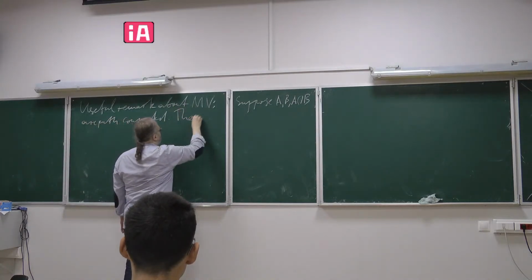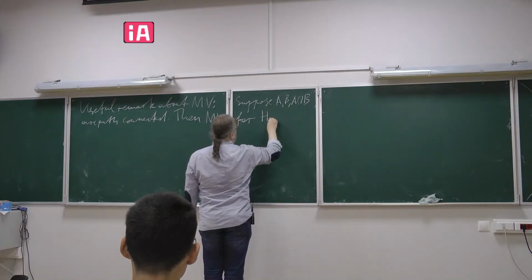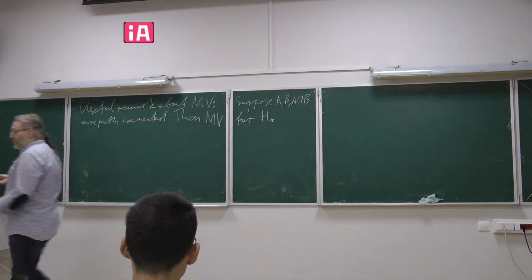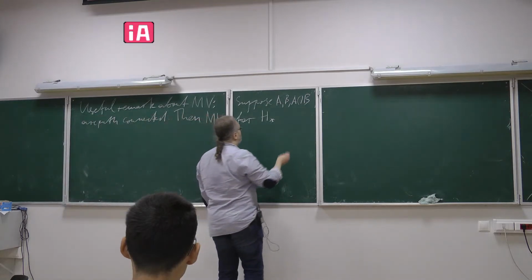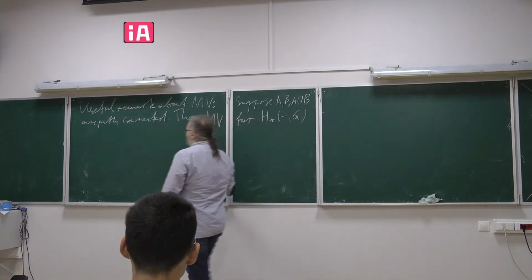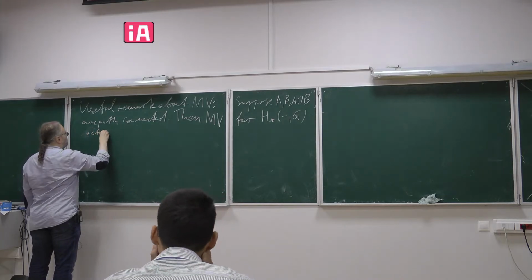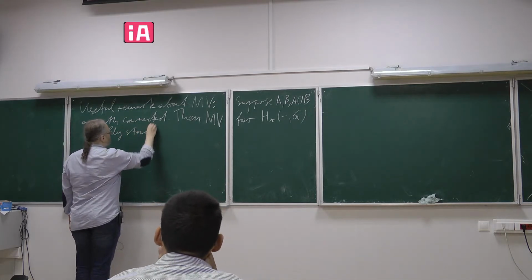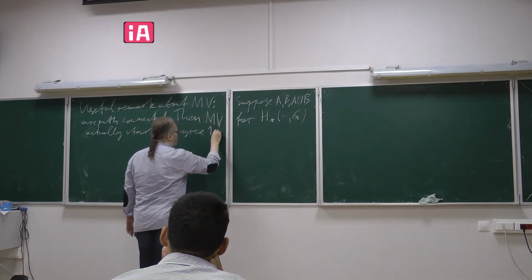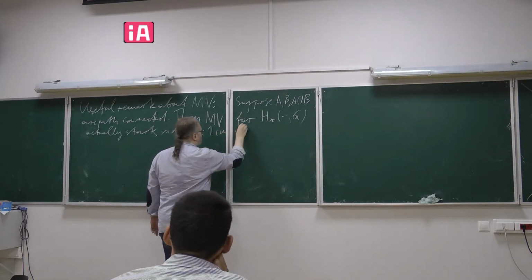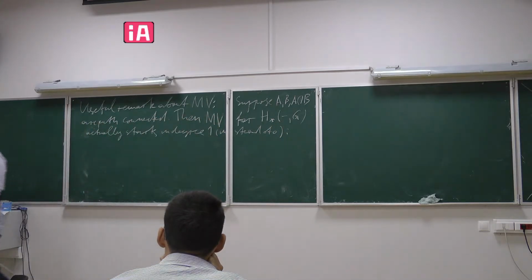Then the Mayer-Vietoris sequence for any standard homology theory actually starts in degree 1, not in degree 0.